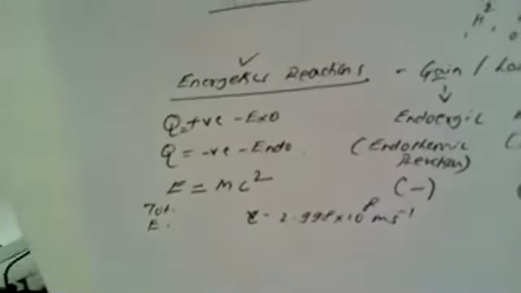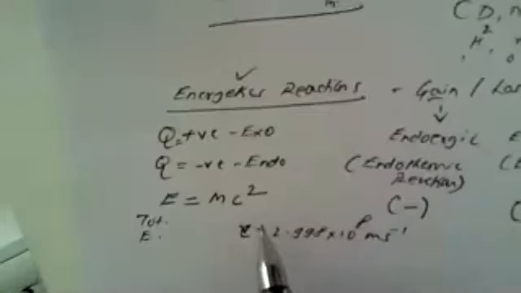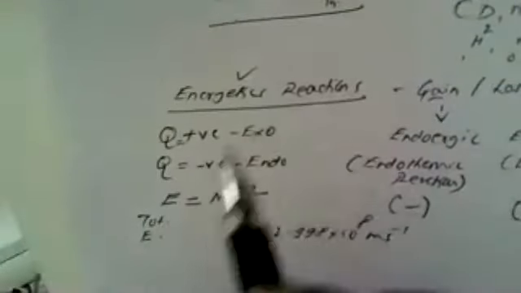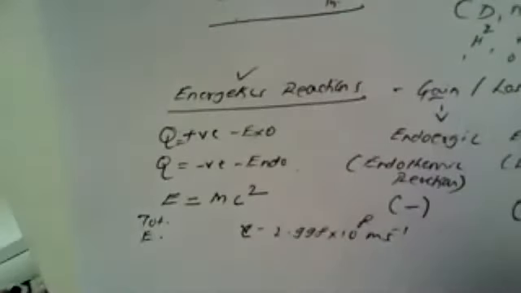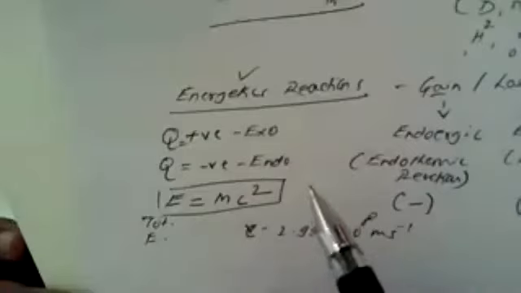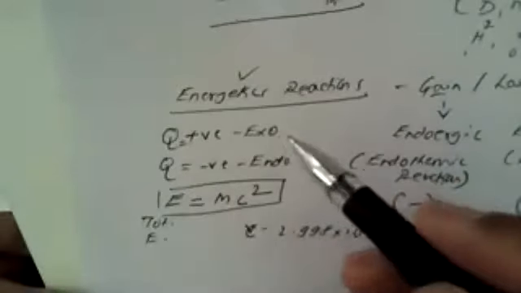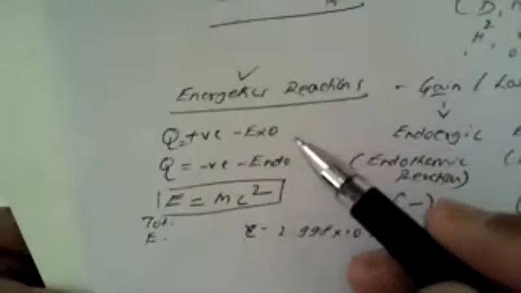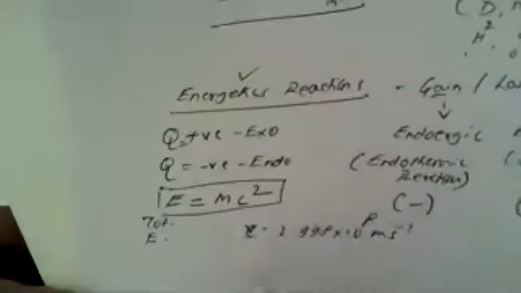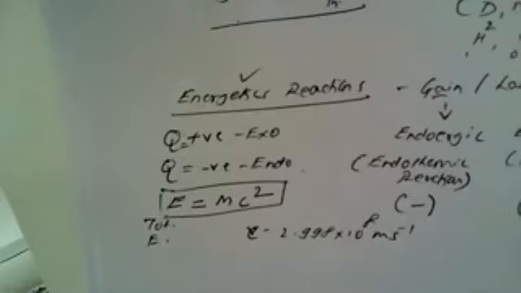If we put these values, we can calculate the amount of energy released, but the calculation is not expected at your level. I am just showing how the huge amount of energy released during these nuclear reactions is calculated from Einstein's equation.